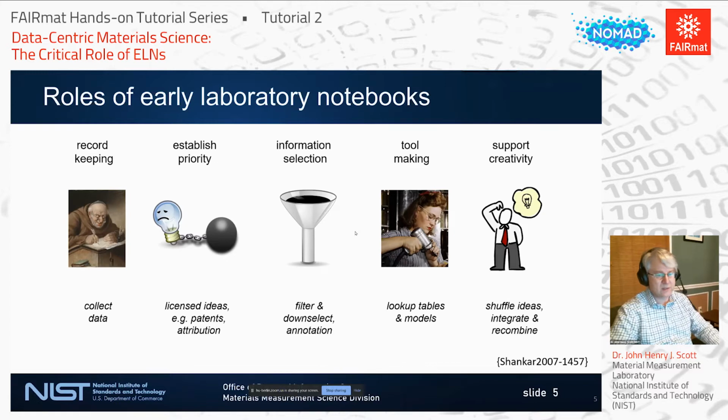Research follows unusual paths in some cases, so you can filter and down-select for your own use in order to clarify your thinking. Also, you may jot down within the notebook some lookup tables or some models or some equations, literally to help you with the acquisition of the data or planning the experiments, things like a dilution series or similar.